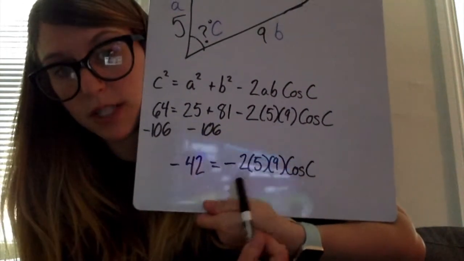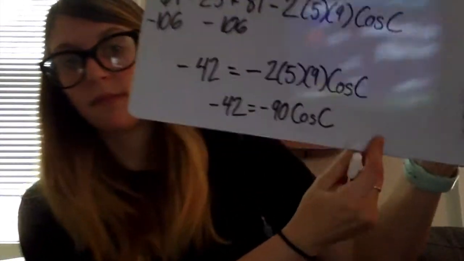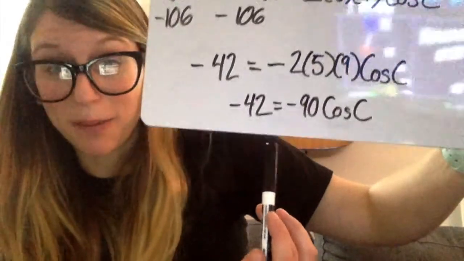So now I'm going to multiply these numbers together, 2 times 5 times 9. And don't forget the negative. So I have negative 42 equals negative 90 cosine C. Now to get cosine C by itself, I need to divide by negative 90.